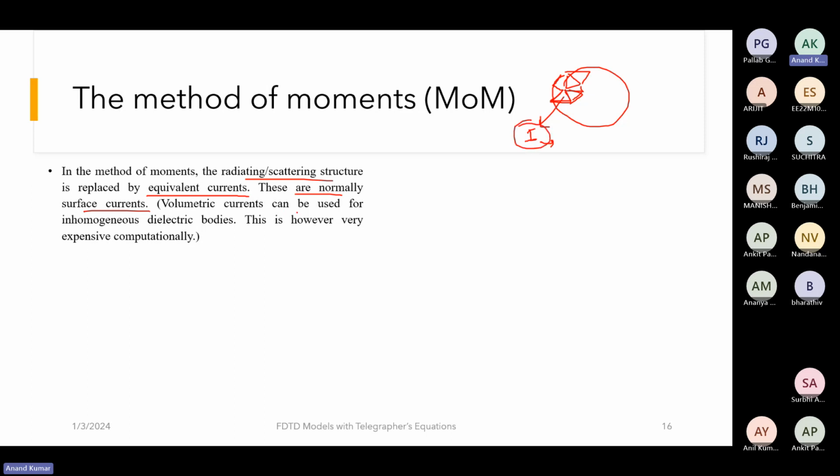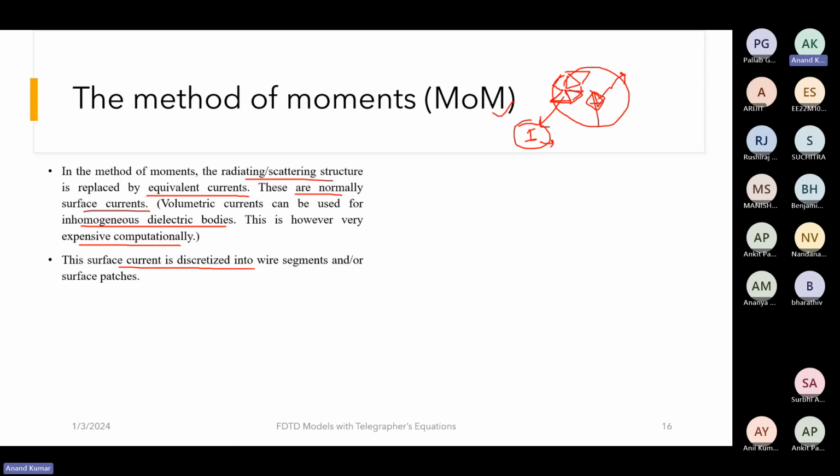And if we have inhomogeneous dielectric bodies and we are still going with the method of moments, we discretize the entire volume by using a tetrahedral mesh, and then we again solve for the currents on these meshes. And this will be computationally very expensive.